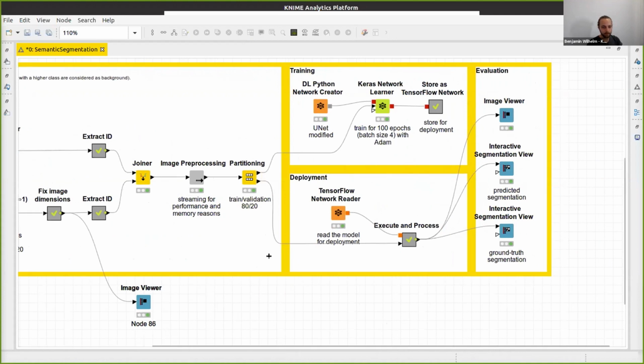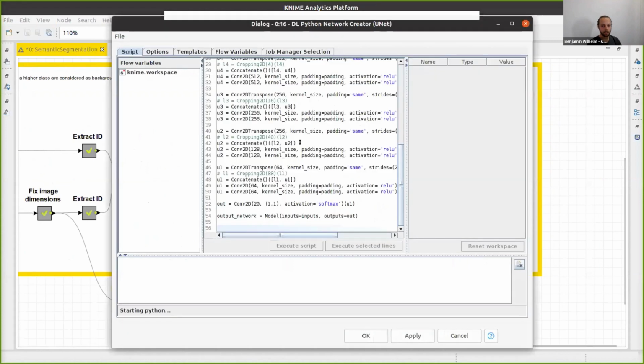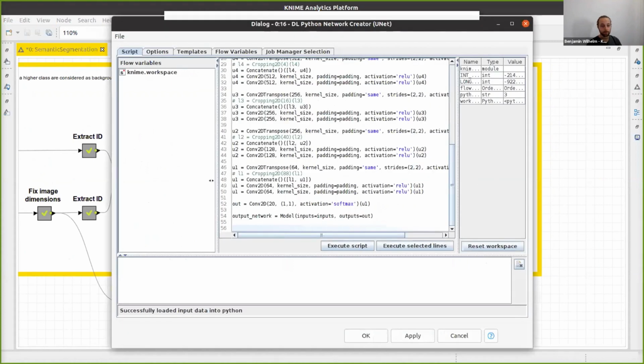Okay, after that, we partition the images into a train and validation data set again, and now we are ready to train on them.